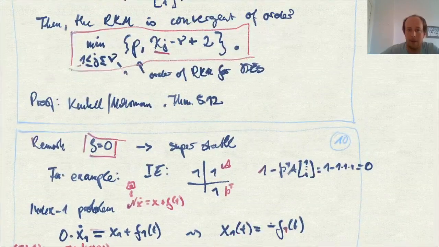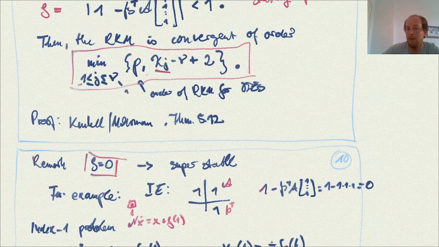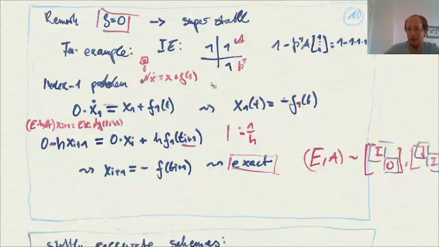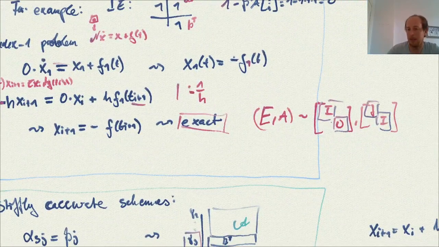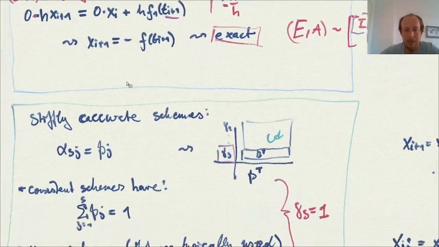But this is right in line with this estimate, because the convergence order is the minimum of what we get for the ODE part in this case, and the DAE part. And well, if this is infinity, then the approximation order is just defined by the ODE part.